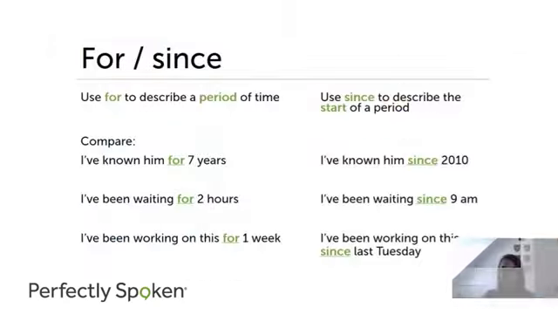Okay. So for is used to describe a period of time, and since is used to describe the start of a period. So let's compare some sentences and you'll get the idea of what I mean. I've known him for 7 years, the period of time.